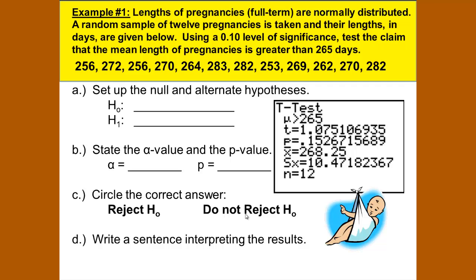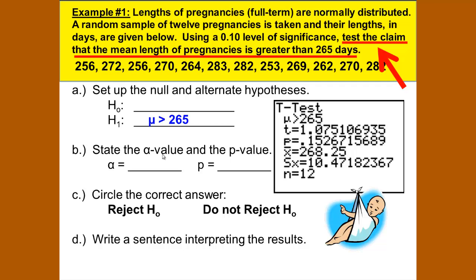So we're going to set up the null hypothesis and the alternate hypothesis, and that'll be part A. To do that, we want to look at the phrase again, test the claim. Test the claim what? That the mean length of pregnancies is greater than 265 days. That is what we're looking to prove, and it does not contain the condition of equality.